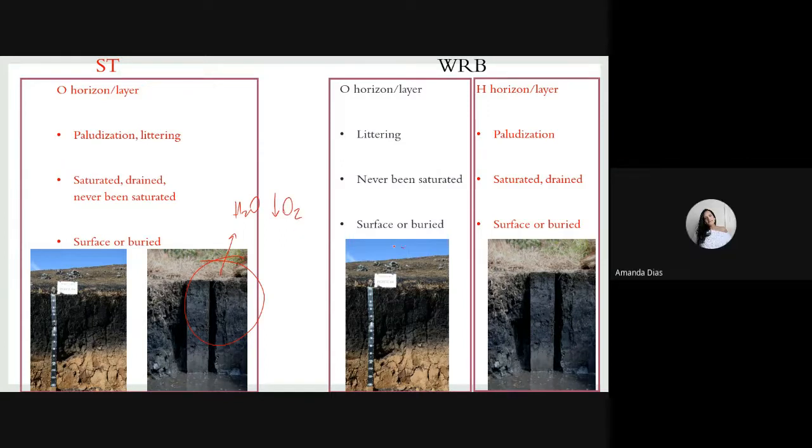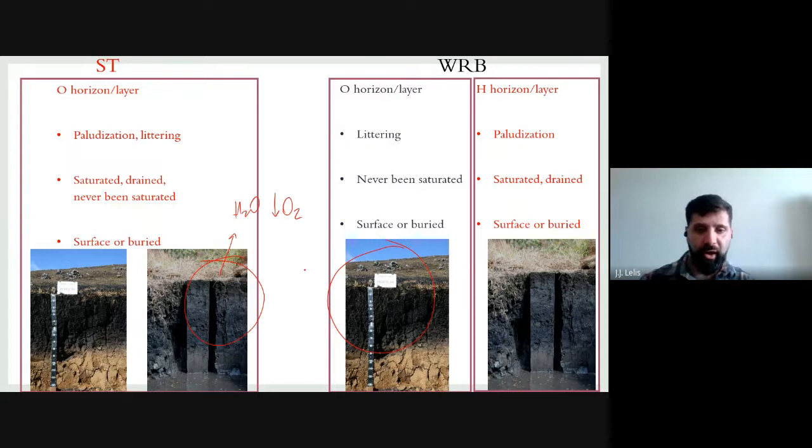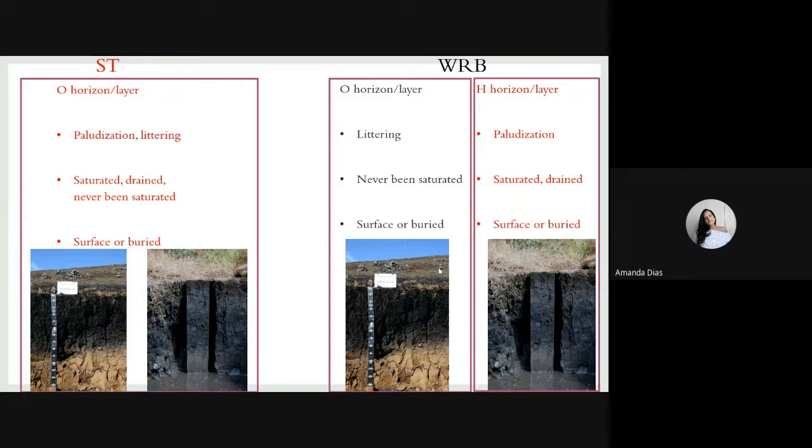And here we have a lot of oxygen, but you have a low water content, and you have another property that helps the accumulation of organic matter.